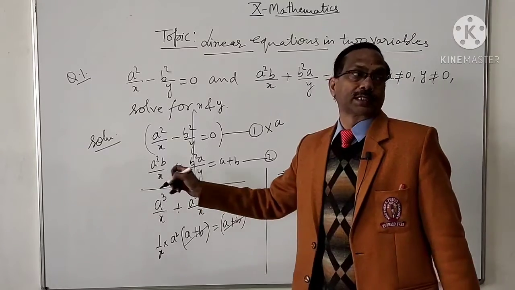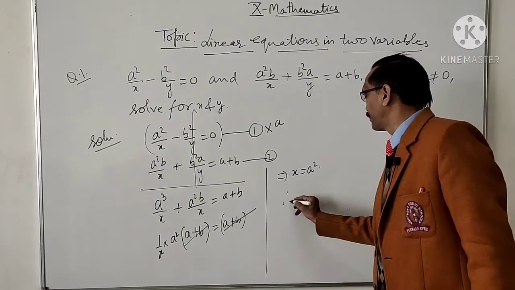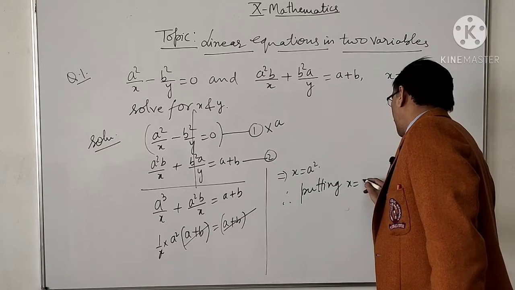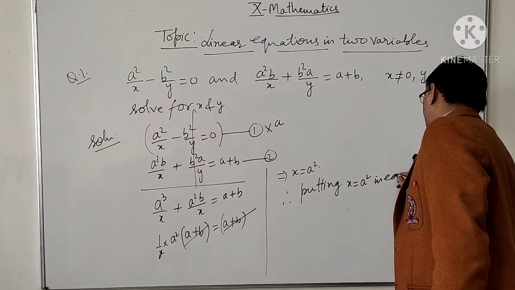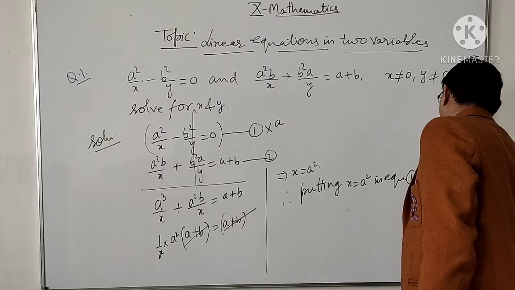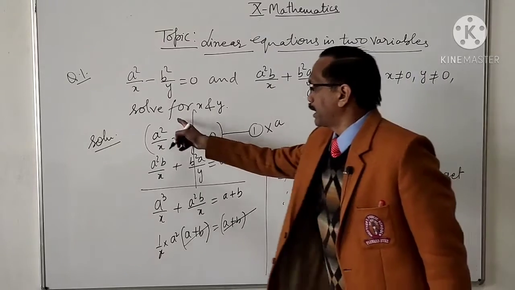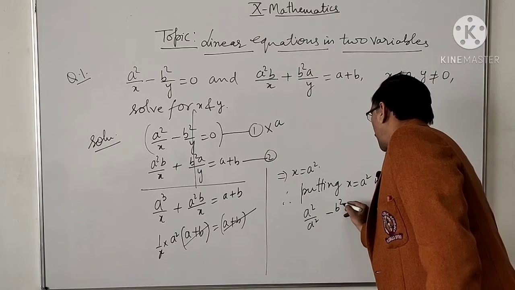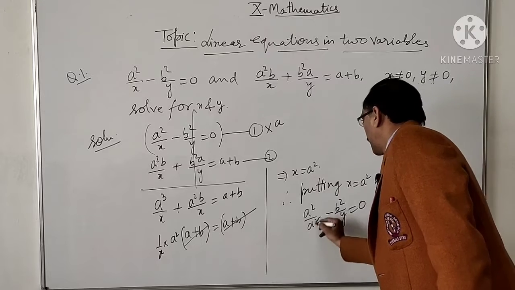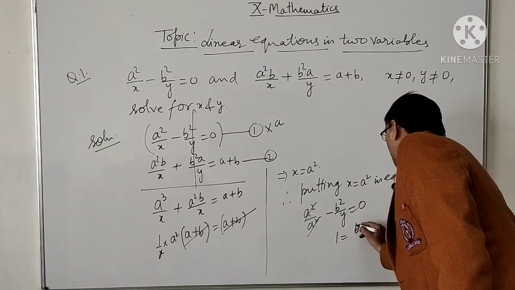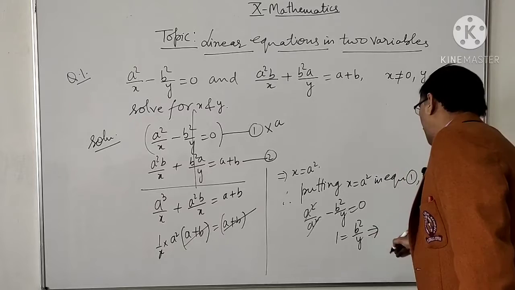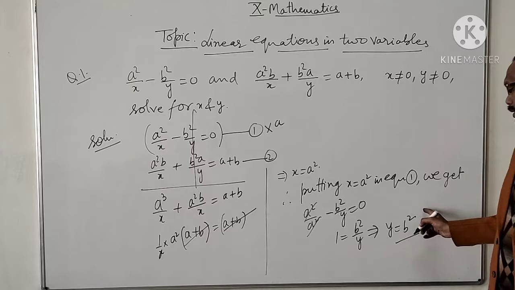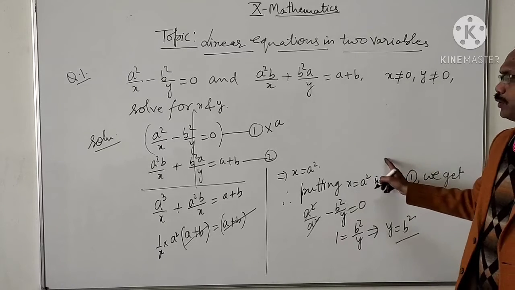Now putting x equal to a square in equation 1, we get a square upon a square minus b square upon y equal to 0. 1 equal to b square upon y. From this we will get y equal to b square. This is y equal to b square and x equal to a square.